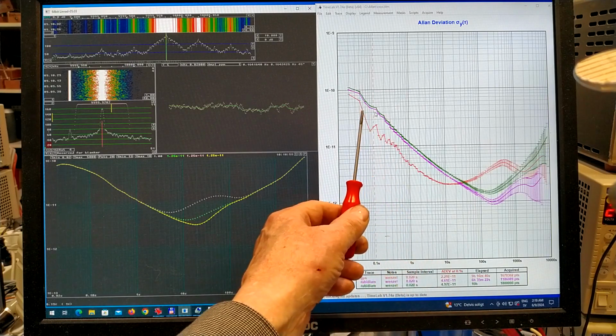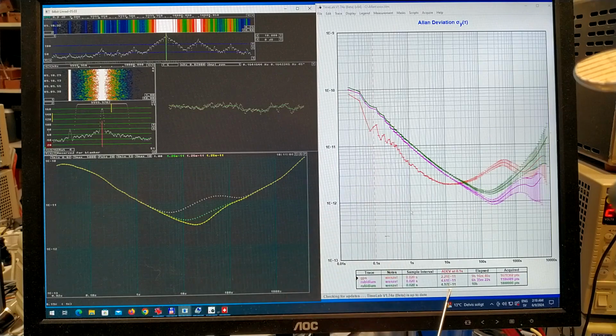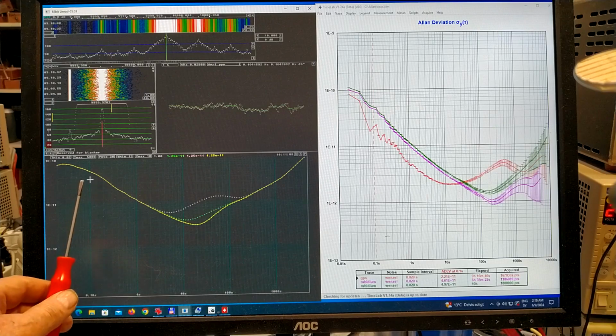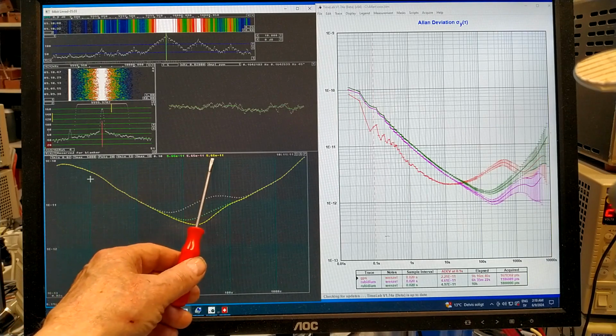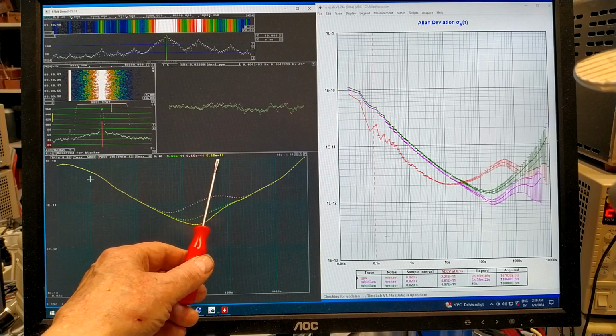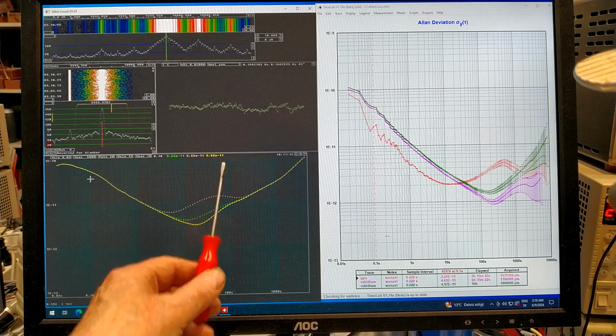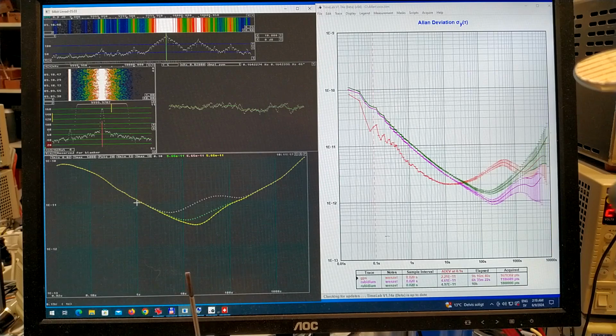So I check 0.1 second, it gives 4.6 or 4.9 times 10 to minus 11. And 0.1 second in Linrad, I click on that and read 5.6 times 10 to minus 11. That's reasonably close.